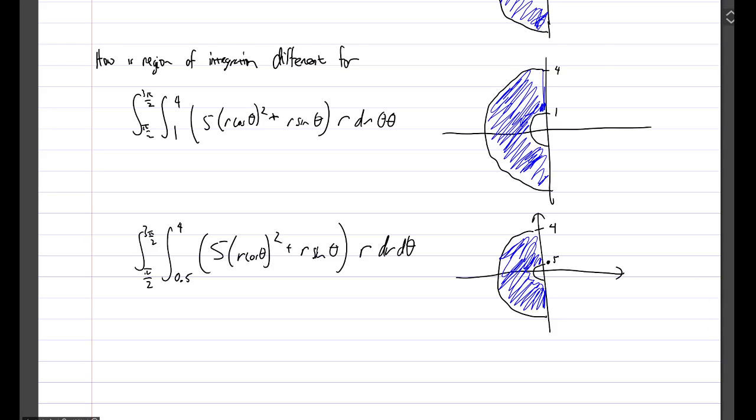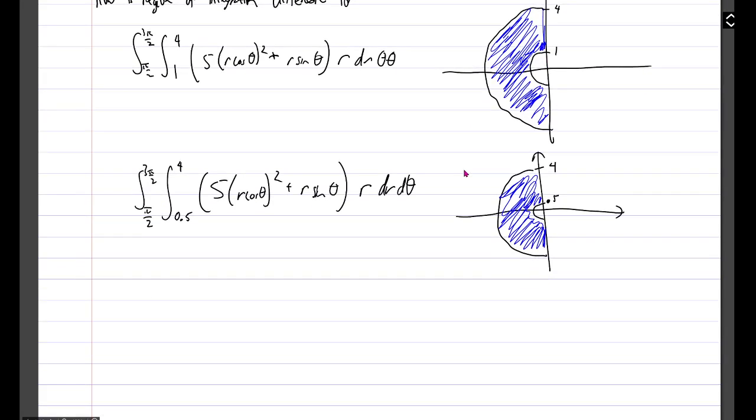Okay, one last problem that looks like this. Let's draw the region of integration if we're integrating from pi over 2 to 3 pi over 2, r from 0 to 4. Same integrand, same function to integrate, though we're just drawing a picture of the region of integration.